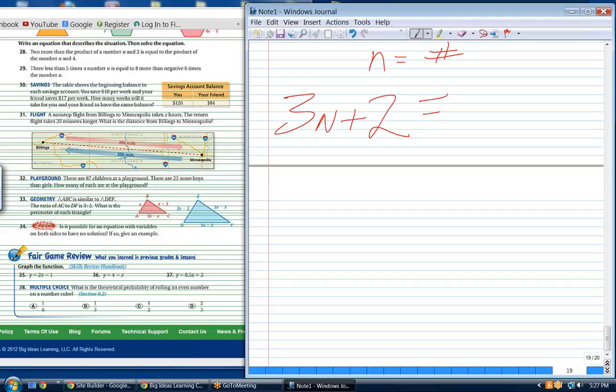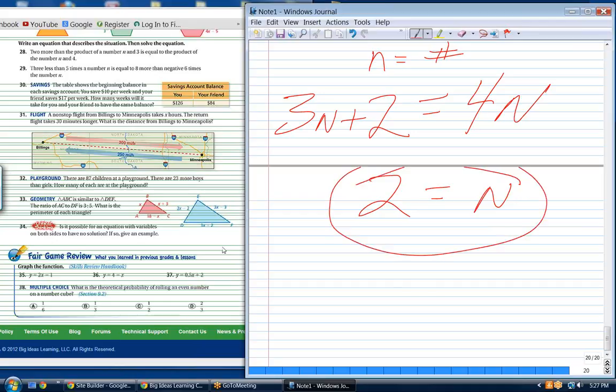So, it'd be 3n plus 2 equals 4n. Very good. Solve that. And so you combine like terms, and I got 2 equals n. That's right. And there we go.